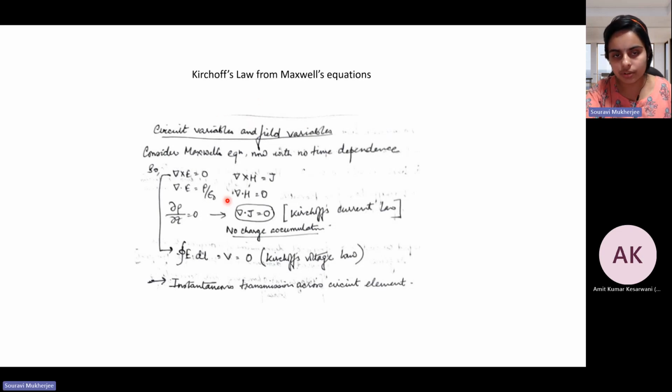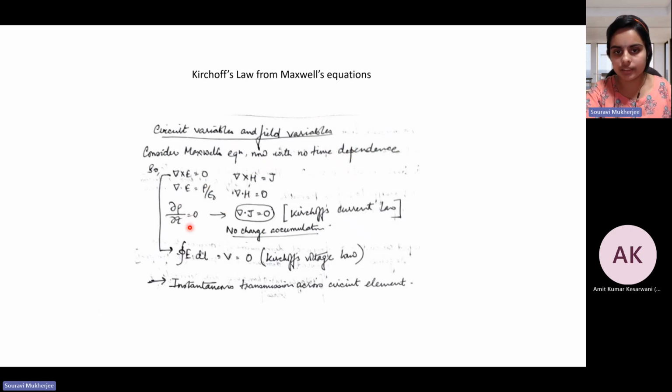So we know that if you consider Maxwell's equations with no time dependence, so no wave. Whenever you have a wave, you have a time dependence coming up. If you now ignore this time dependence, you get something like this, right?